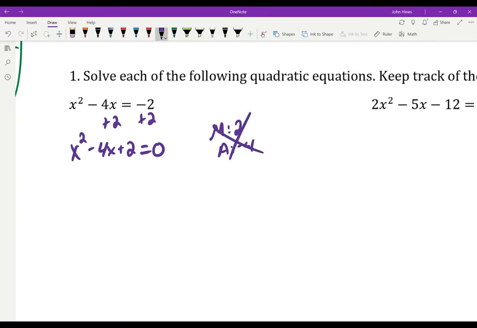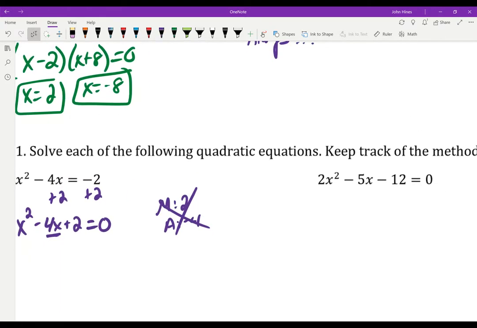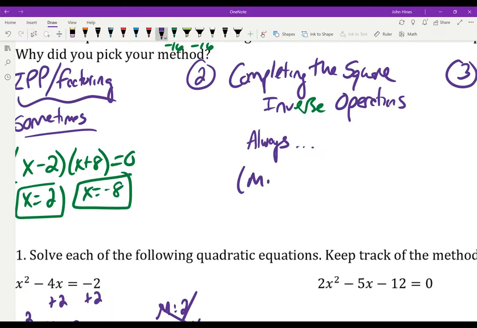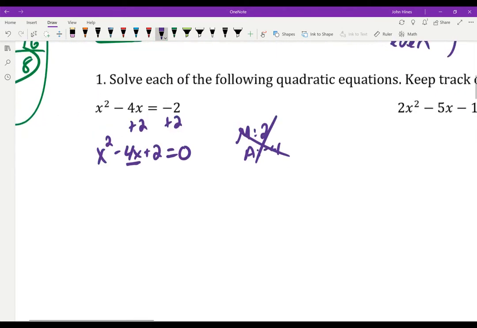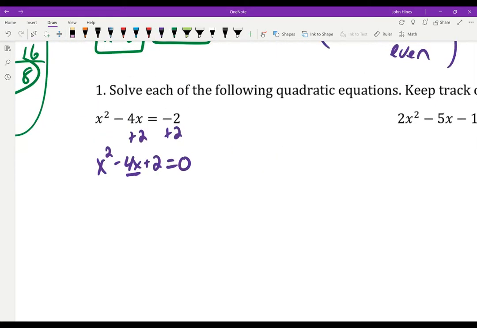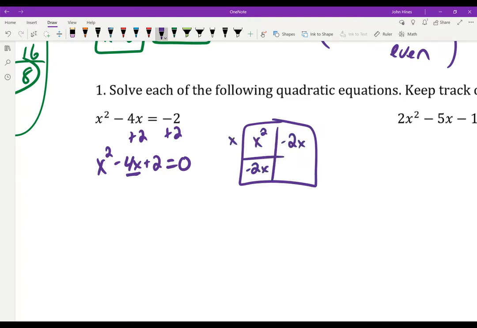Let's complete the square. I like completing the square when the middle term is even. That way it gets cut in half nicely. Because remember, when we complete the square, we're going to draw a box and cut the middle term in half to get the magic number I need to add to make the square.